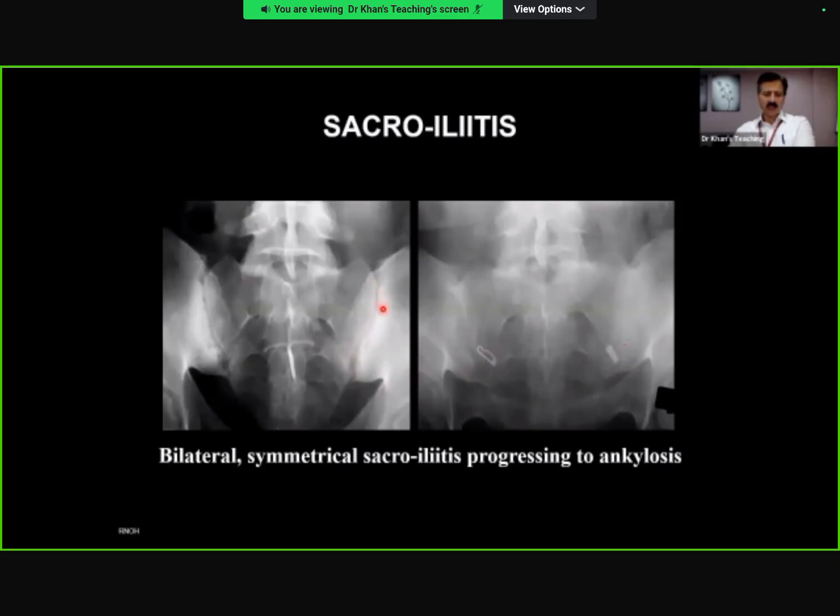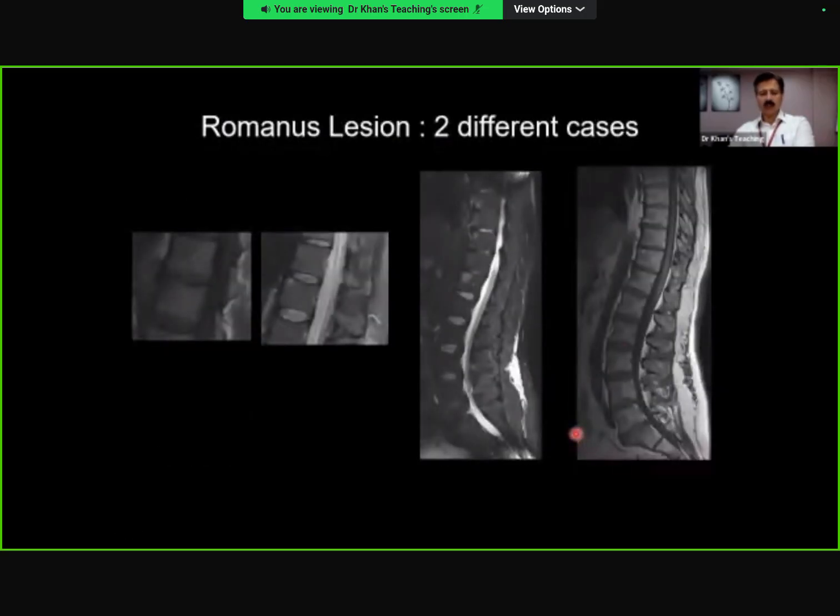Now this appearance of the joint, you can see a bit of erosions here. The joint space is irregular. It has got a fuzzy outline, otherwise it's a crisp outline. Look at this erosion. Look at this erosion. And then new bone formation, which is a hallmark of seronegative arthropathy, then there is ankylosing spondylitis.